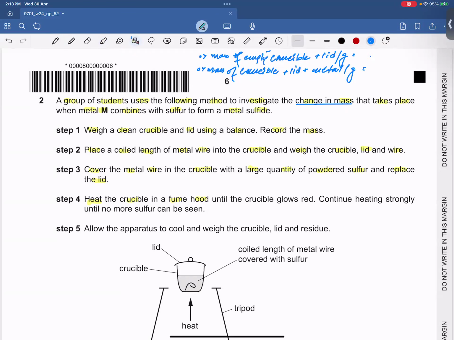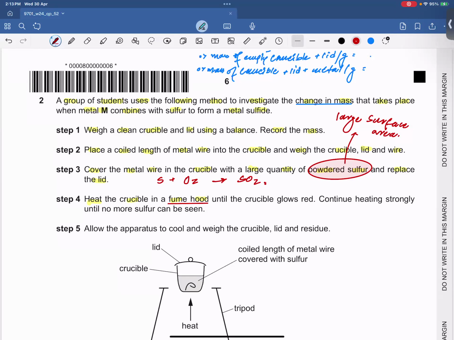Why are we using a fume hood? Because powdered sulfur has a large surface area. So when sulfur is heated in the presence of air, obviously air contains oxygen, it will turn to sulfur dioxide.